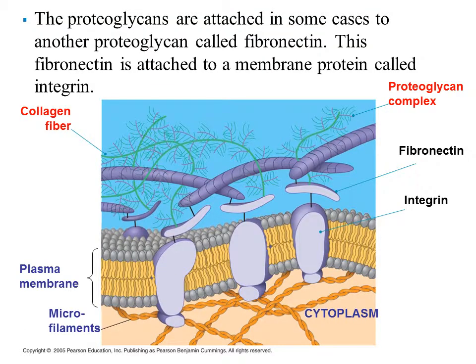These sugar proteins are attached in some cases to another sugar protein. This other sugar protein is called fibronectin. Fibronectin is attached directly to an integral protein that we're going to call integrin. Integrin is membrane spanning, means it goes from the ECF, the outside of the cell, all the way to the inside of the cell.